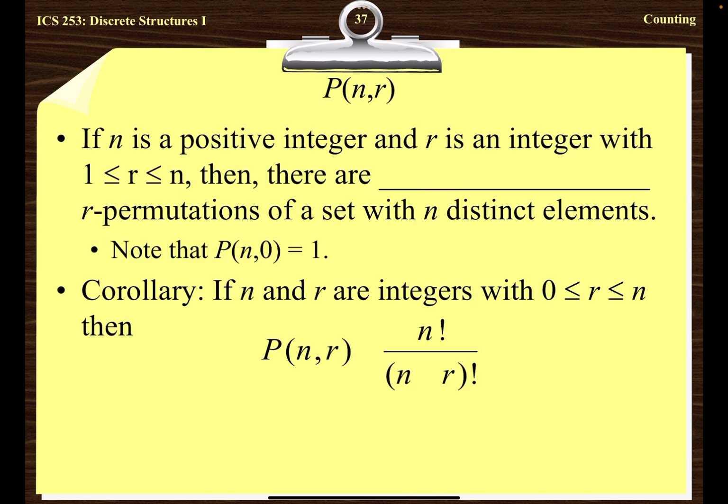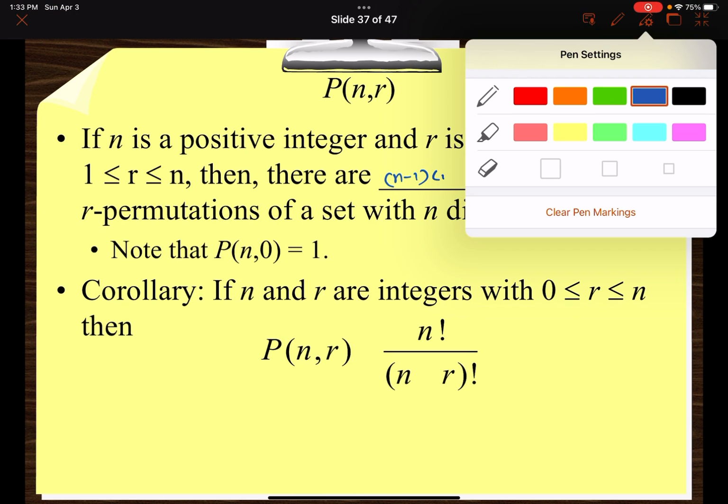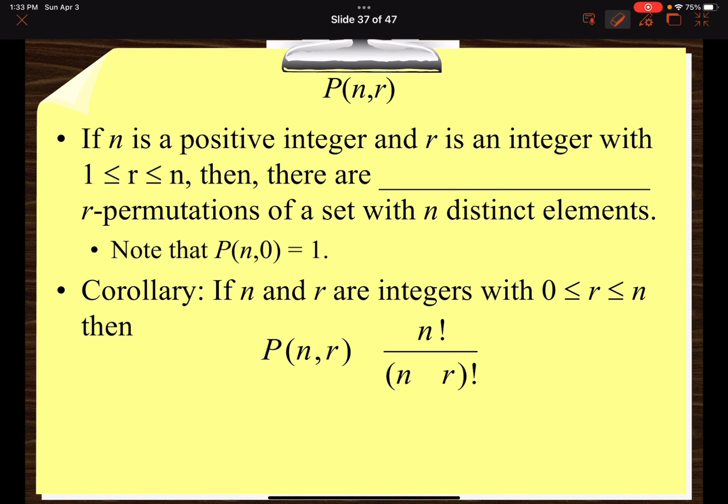If n is a positive integer and r is an integer with 1 less than or equal to r less than or equal to n, then there are n times n minus 1 up to n minus r plus 1 permutations of a set with n distinct elements.